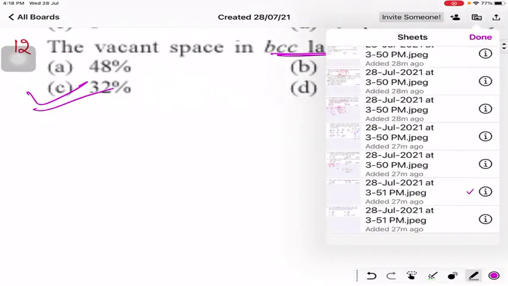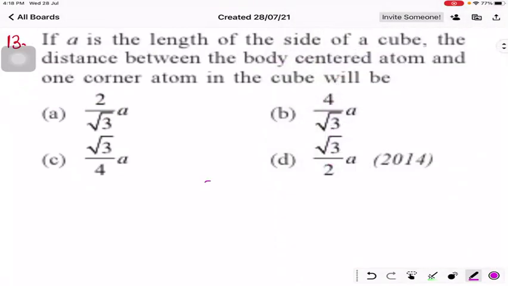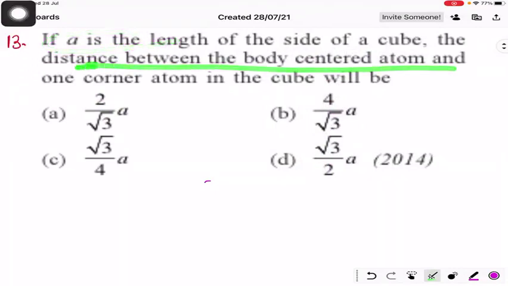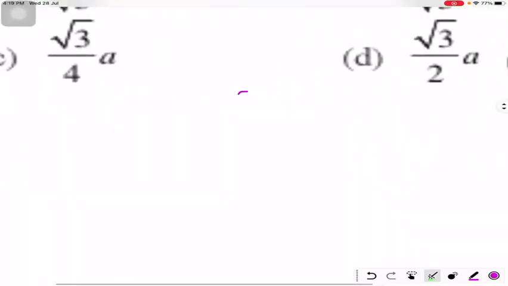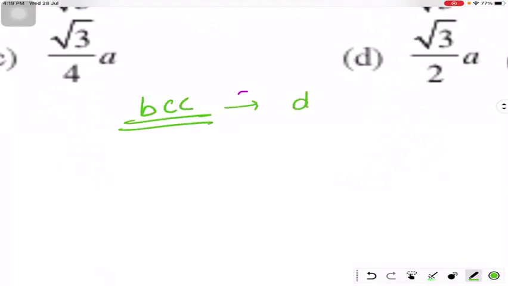And last question, it is again asked edge length and the distance between, yes, it is the new concept, distance between BCC atoms and corner atoms. System is BCC. Now what you have to do, BCC, you have been asked the closest distance between anion and cation.